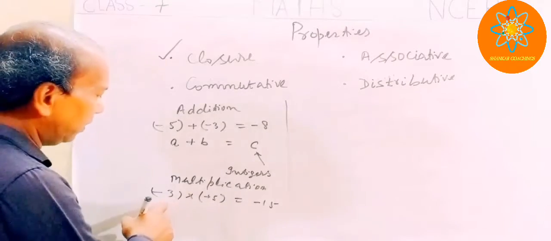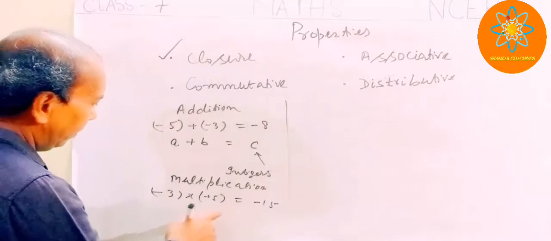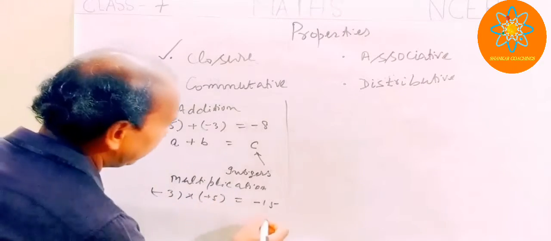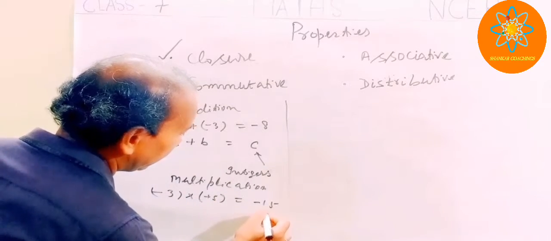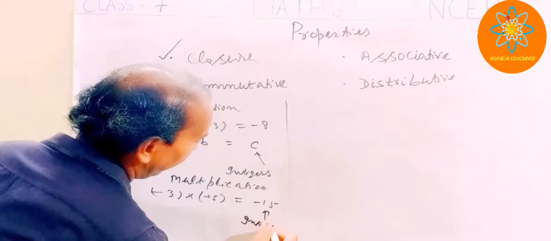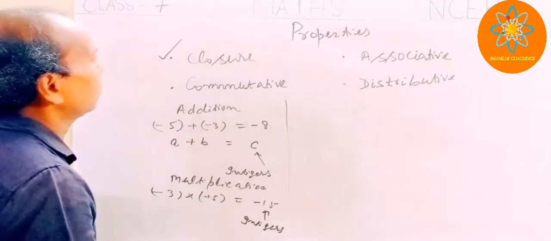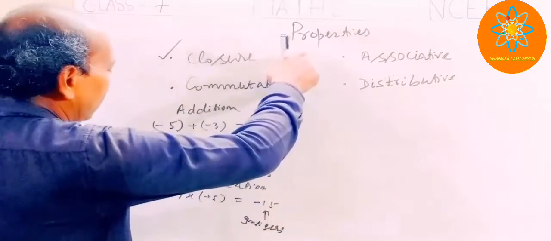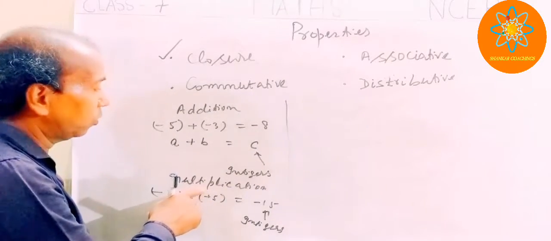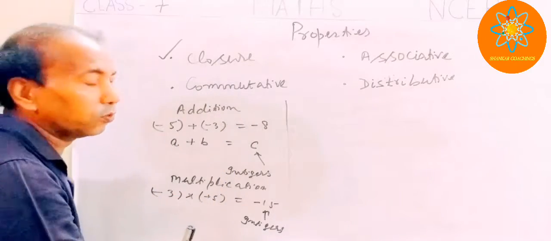Now if you see in this case, what is happening? This is an integer, this is also an integer, and this is also an integer. I can say that closure property for multiplication is true.